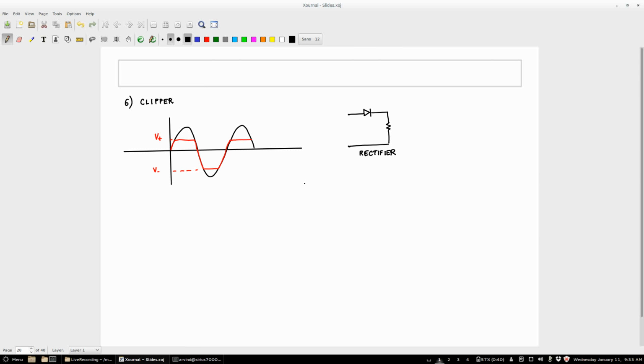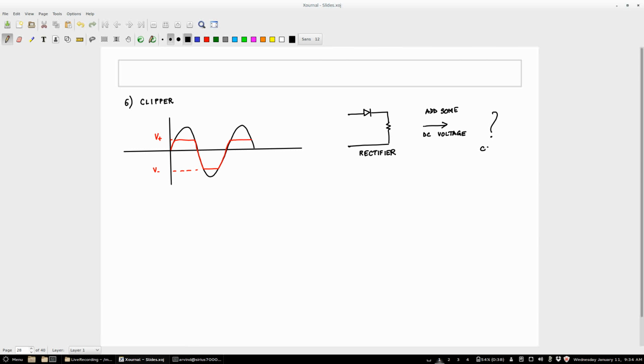How did we draw the half wave rectifier? What did we have? We had a diode and a resistor. So this was a rectifier, right? So from this, how do you get a clipper?